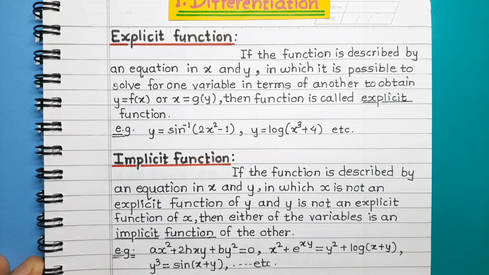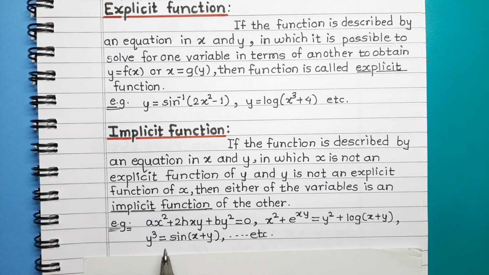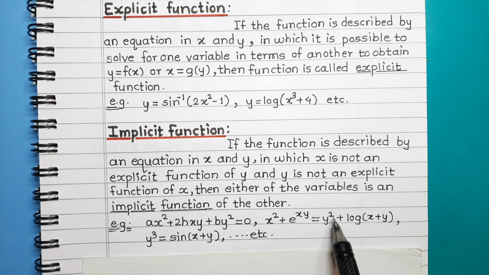Many examples can be given. For example, ax square plus 2hxy plus by square is equal to 0 is an implicit function. Then x square plus e raised to xy is equal to y square plus log of x plus y cube is equal to sine of x plus y, etc. So this is the concept of implicit function.